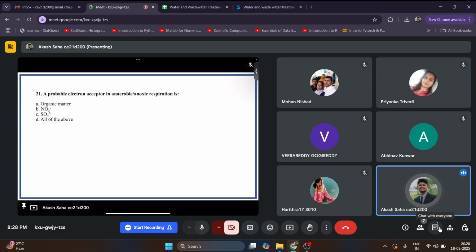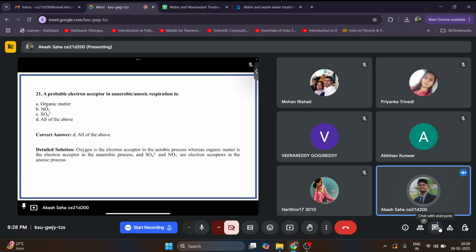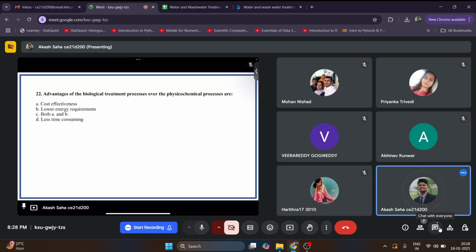So you have to find out for the anaerobic and anoxic system what can be an electron acceptor. So definitely D, all of them, because organic matter in the case of anaerobic, and nitrate and sulfate in the case of anoxic. So all of the above is the correct answer.